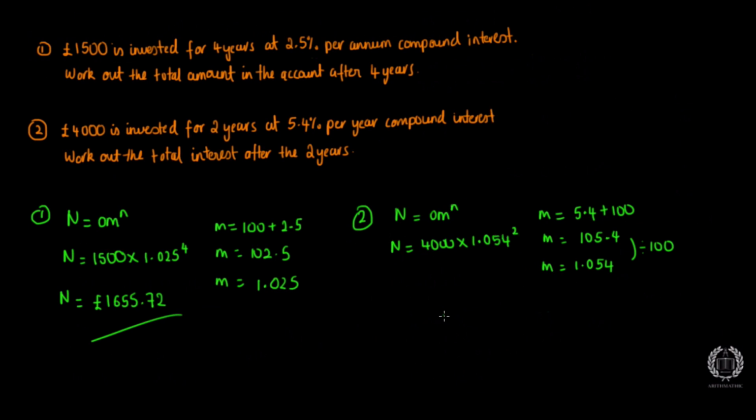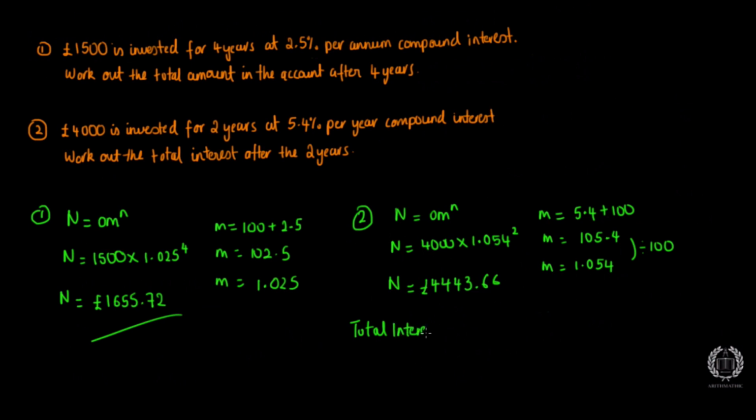Okay, so now we're going to find our final value, which is 4,000 times 1.054 to the power of 2, and that will give you a final value of £4,443.66. But remember, the question's asking to find the interest for the 2 years.